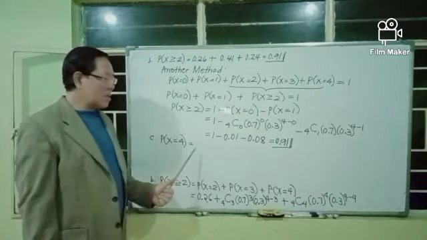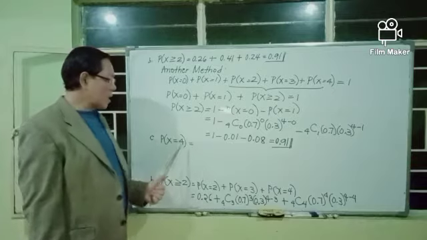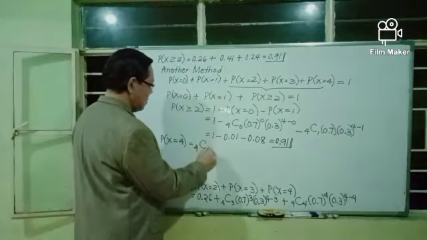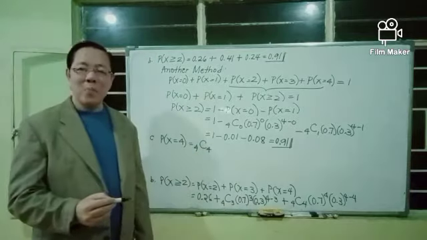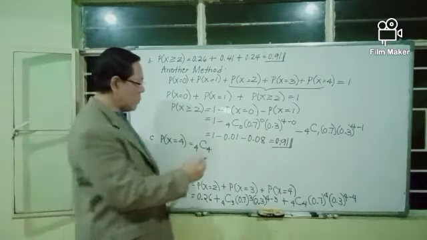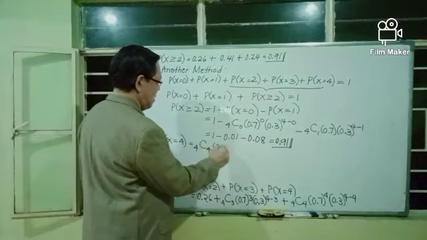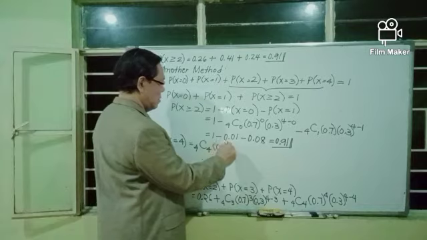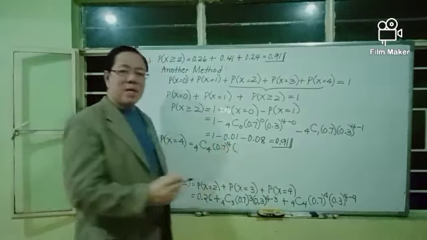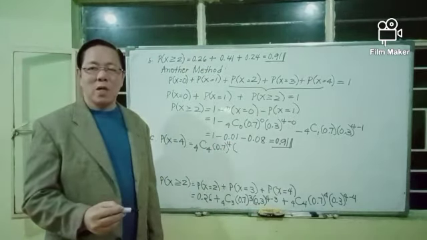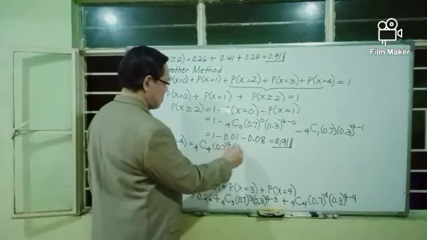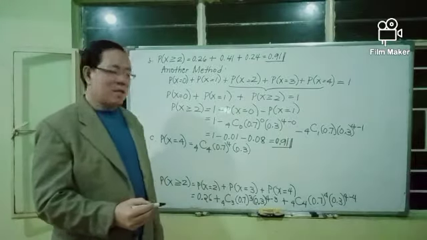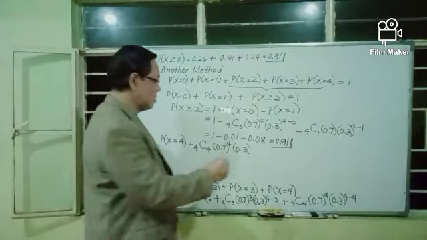And by formula, this is equal to combination of 4 taken 4 multiplied by P, or probability of success, 0.7 to the power x, x is 4, multiplied by Q, or probability of failure, equal to 0.3 to the power n minus x, n is 4 and x is 4.